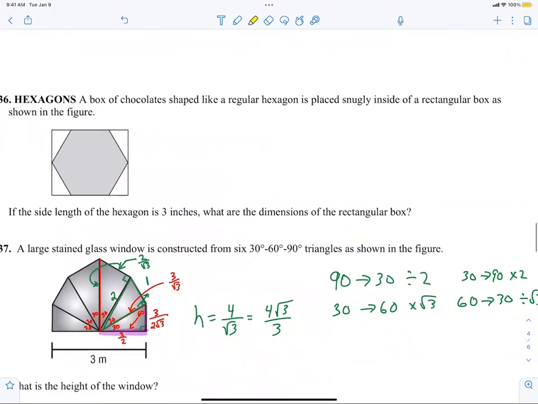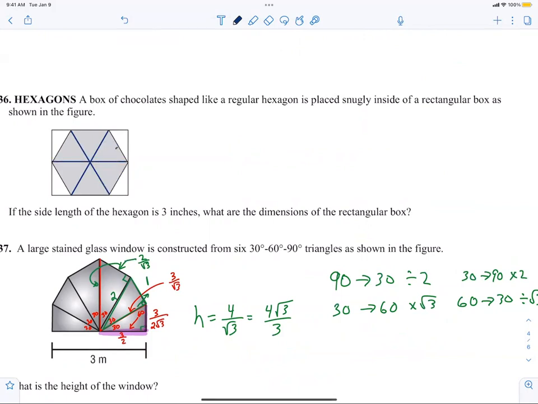Okay, so the hexagon is on most standardized tests. And the reason why the hexagon is on most standardized tests is because when you divide it up, what kind of triangles does it make? Well, actually, if you just draw it like this, yeah, they're equilateral.